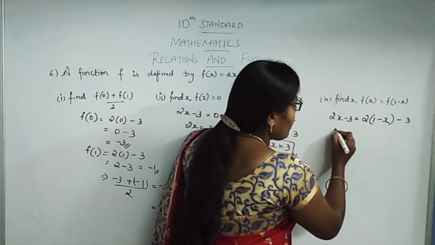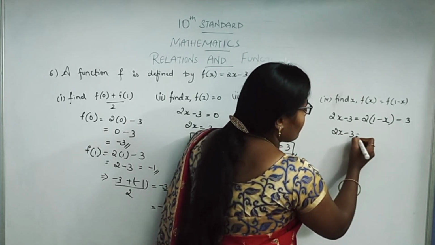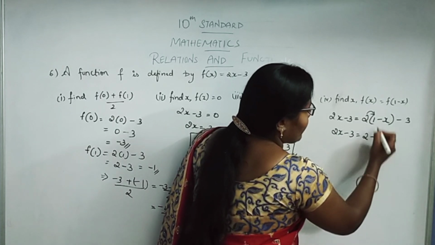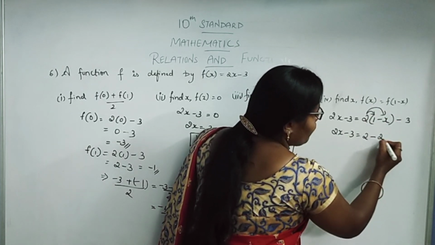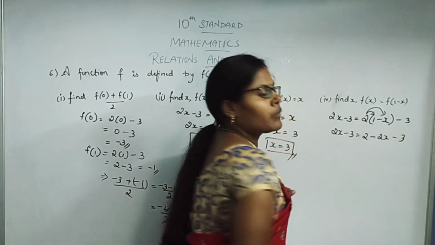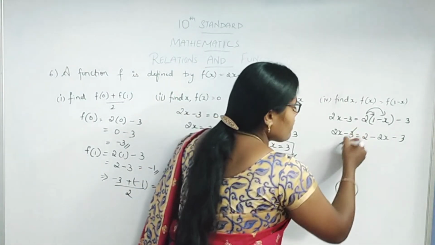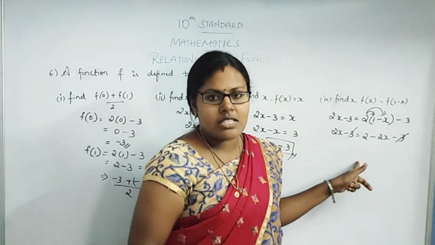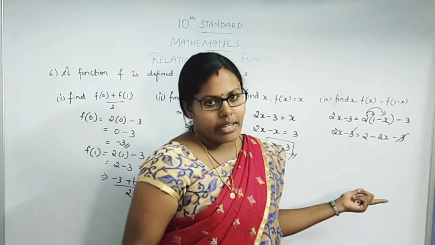Next, 2x minus 3 is equal to, multiplying inside, 2 into 1 is 2, minus 2 into x is 2x, minus 3. Minus 3 and minus 3 cancel, because if I shift that minus 3 to this side it becomes plus 3, and plus 3 minus 3 gets cancelled.